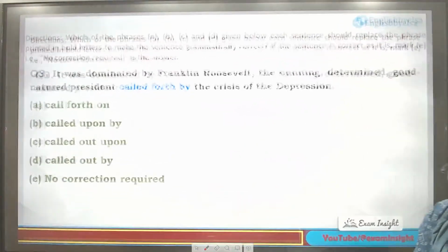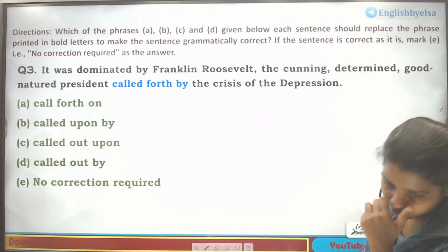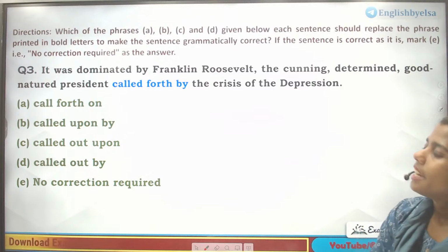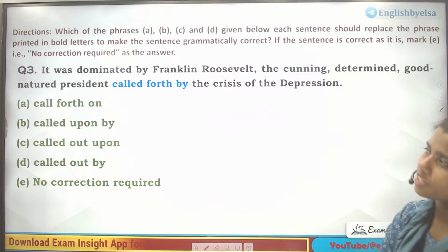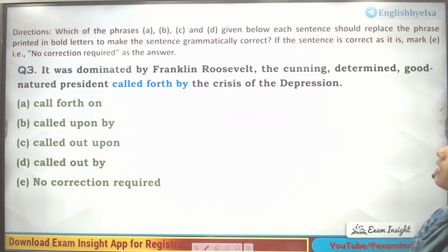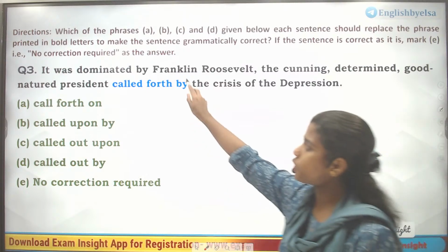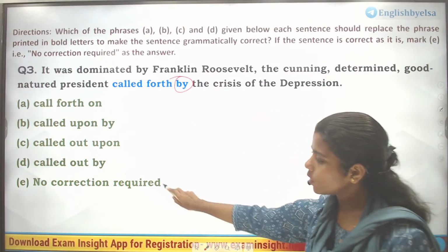Next one. It was dominated by Franklin Roosevelt, the cunning, determined, good-natured president, called forth by the crisis of the Depression. This is something related to prepositions. I'll give you a hint.